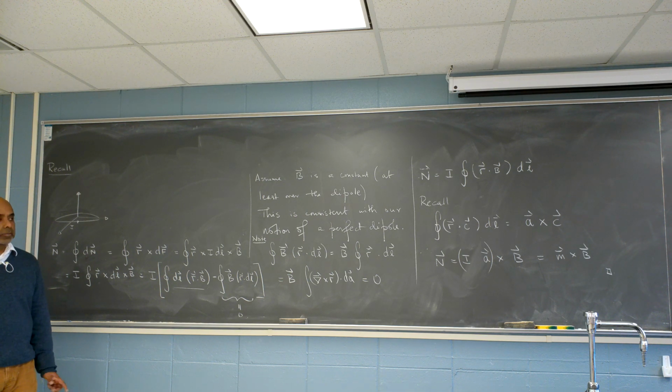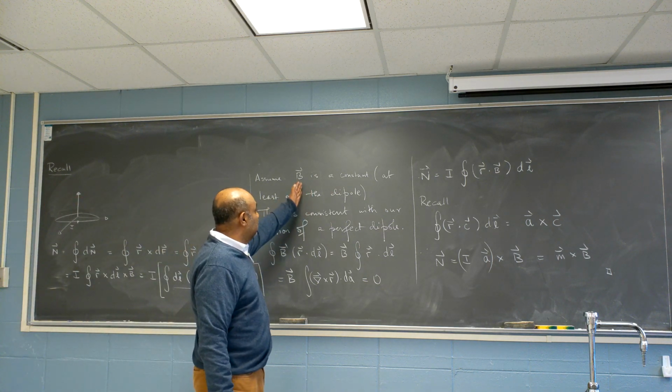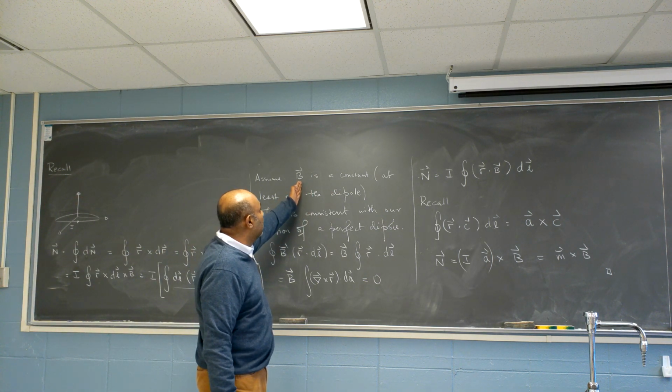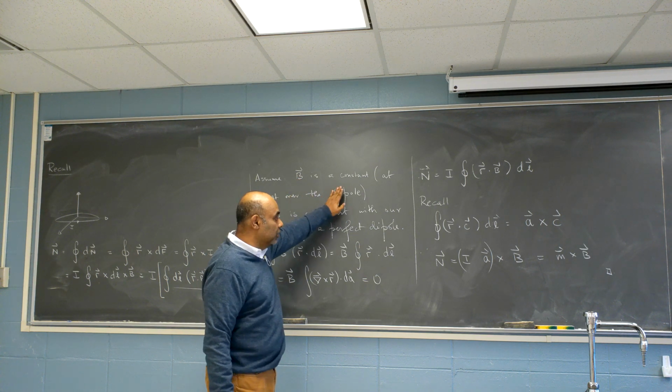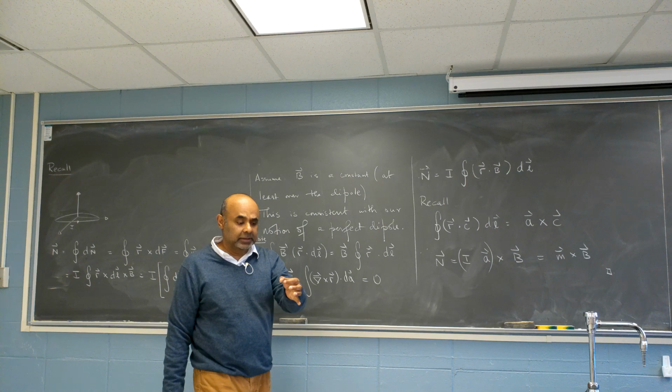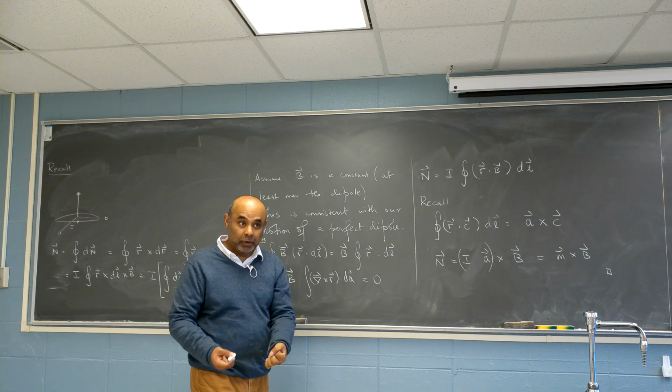No? Okay, good. So there's another reason why we can use this approximation that B is constant. I did tell you that it's a dipole. Dipole is very small, and a perfect dipole is literally a point. So what really matters is B at that point.